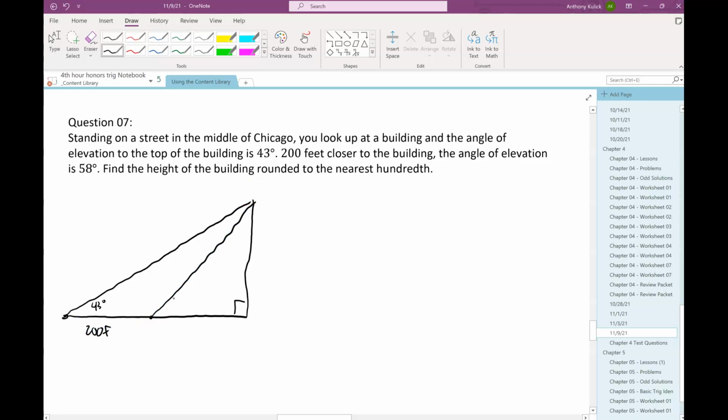And now it's 58 degrees. And we're looking for the height, right? So we'll just call this part y. So I have 2 right triangles that I'm interested in. I have the big triangle, the yellow one, and then this little triangle, the green one.